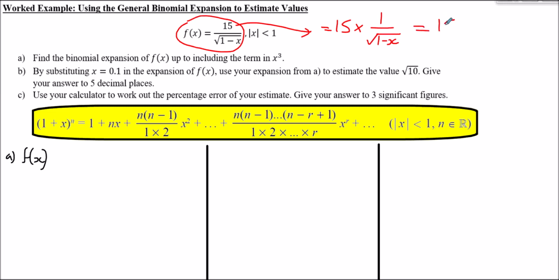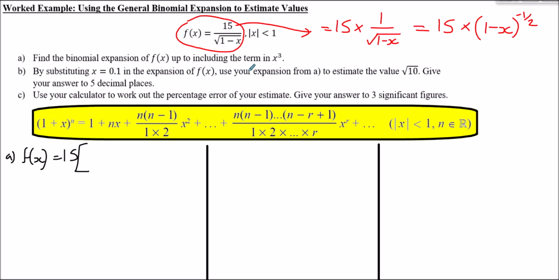That's the same as saying it's 15 multiplied by the reciprocal of the square root. The square root is a power of a half, so 1 over a square root means it's power of minus a half. So that's what we try and do the expansion of here. So f of x is 15 lots of the binomial expansion of 1 minus x to the power minus a half.